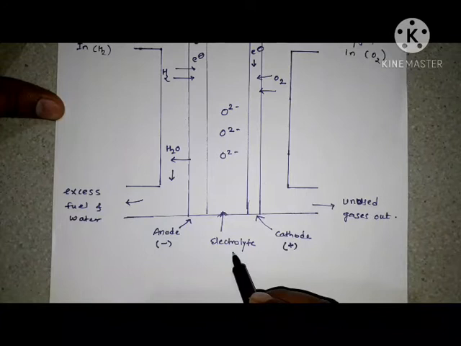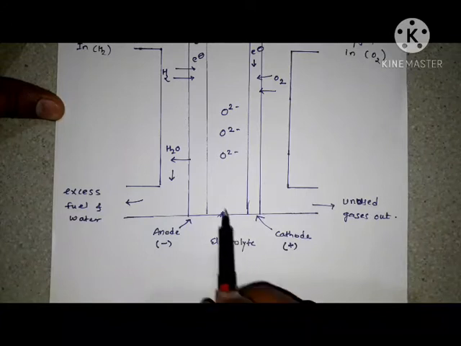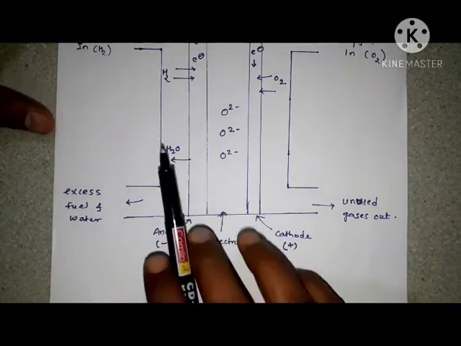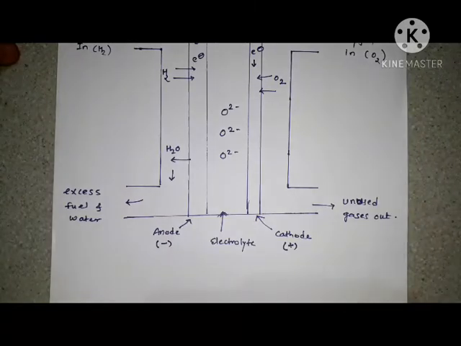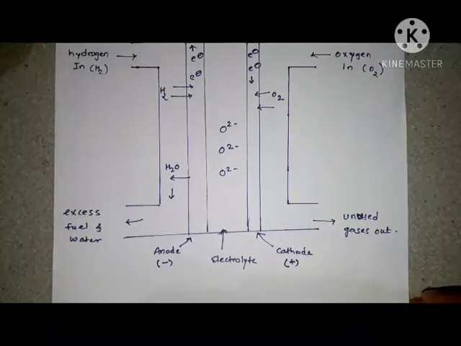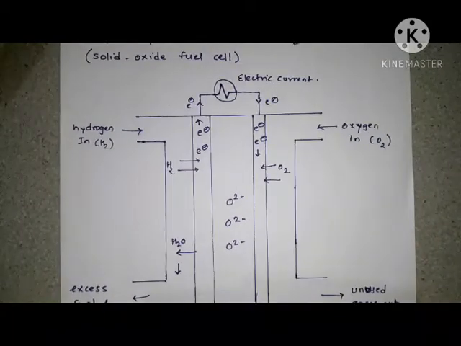Here look at the electrolyte taken in the fuel cell, that is solid oxide. Okay, this is the whole diagram of the solid oxide fuel cell. Okay, so let us see the explanation of this diagram.